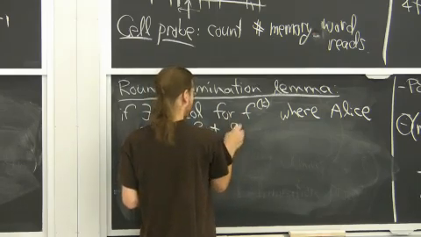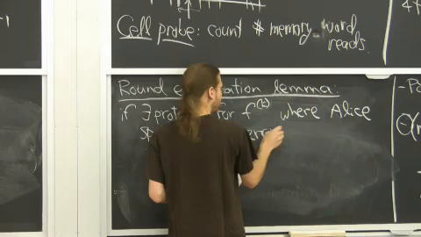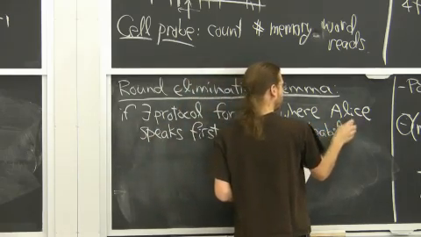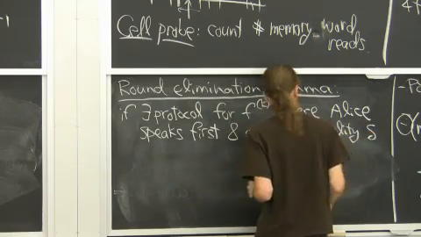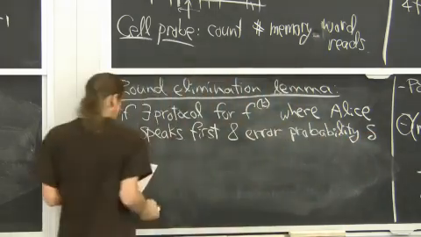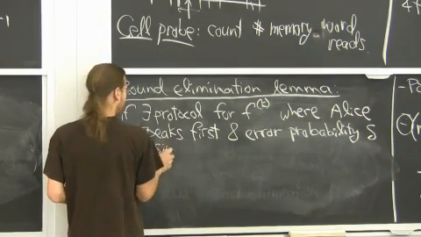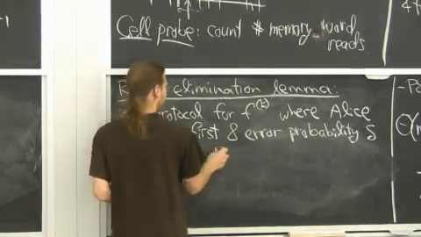So let's suppose it has error probability delta. So there's some probability it gives the wrong answer. And let's suppose that it uses m messages.